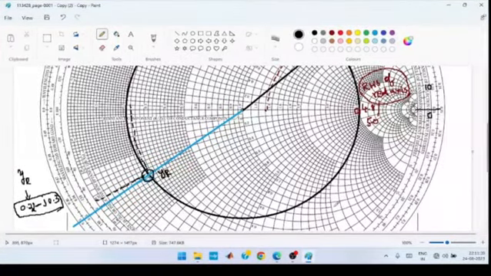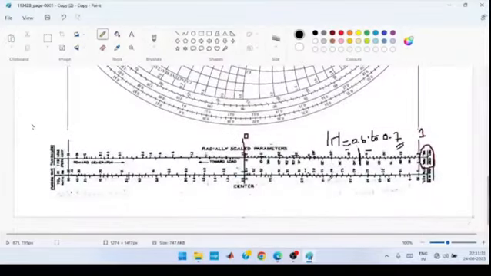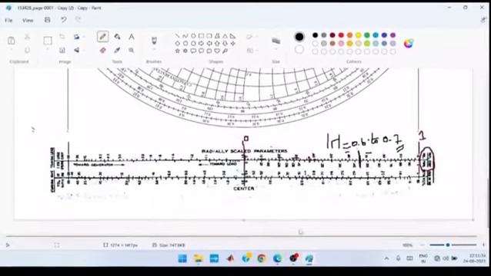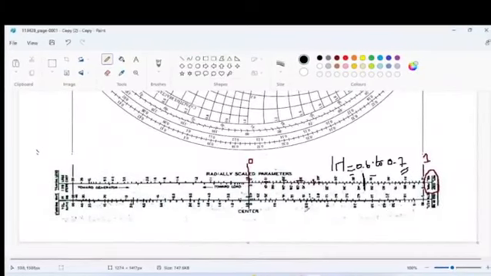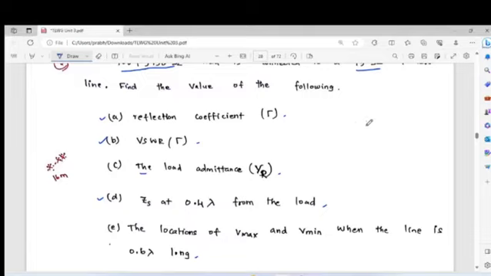So this is the normalized load admittance. If you want to find out the original load admittance, what is the formula we can use? Small yr equals capital YR divided by capital Y naught.